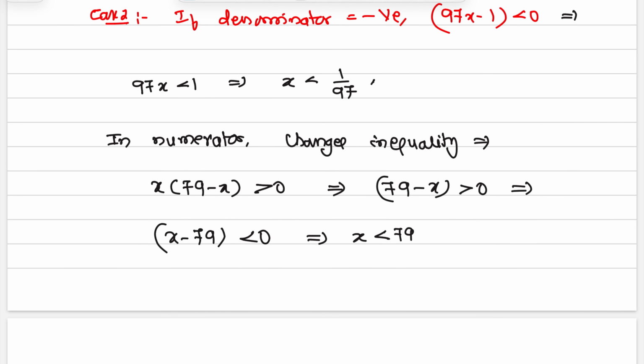What we have got here? One is x is less than 1 by 97 and x is less than 79. This is what we have got in case 2.